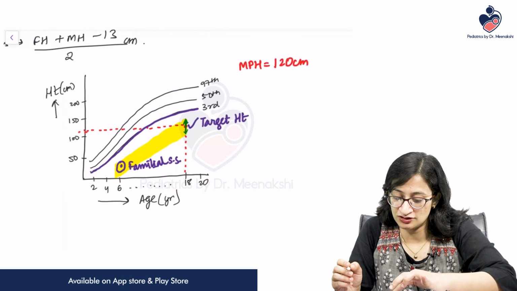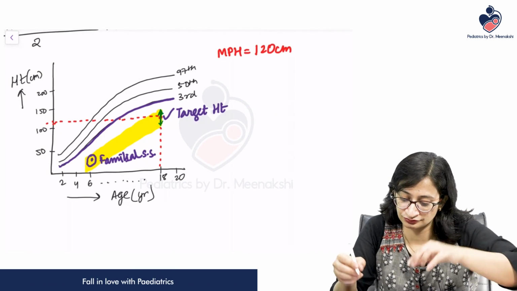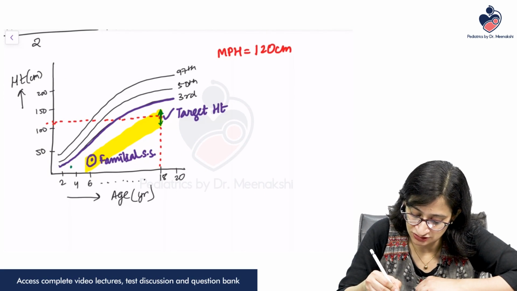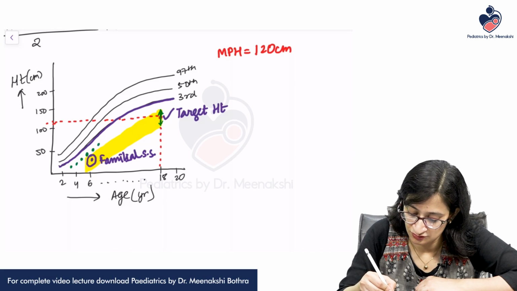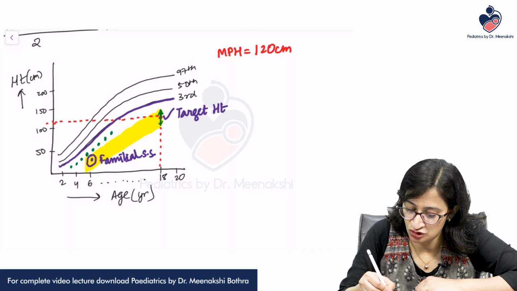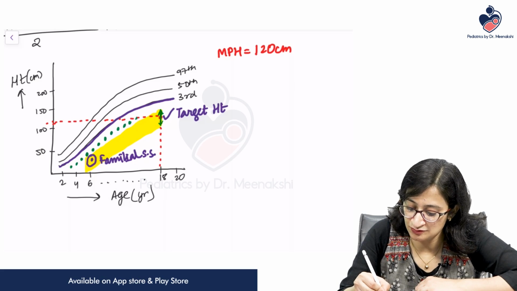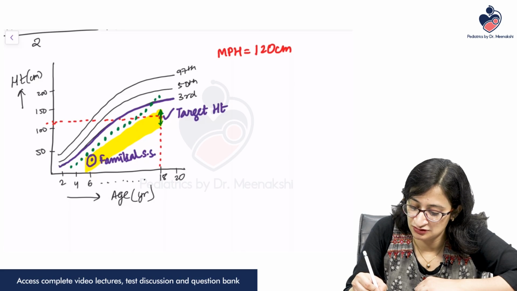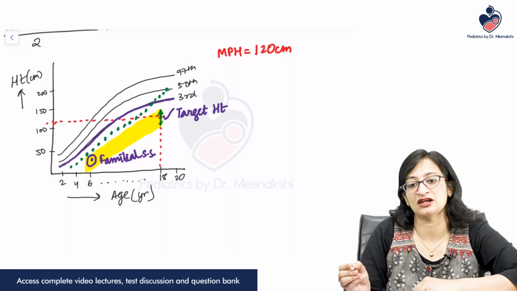So if we plot it on our graph here, in CDGP what will happen? At different points during childhood, the child's height will remain like this, below the expected. So it will be almost parallel to the growth chart, but the ultimate final height attained will be normal, like this.